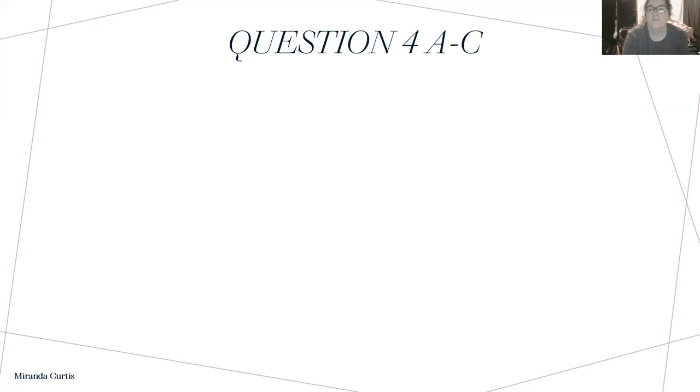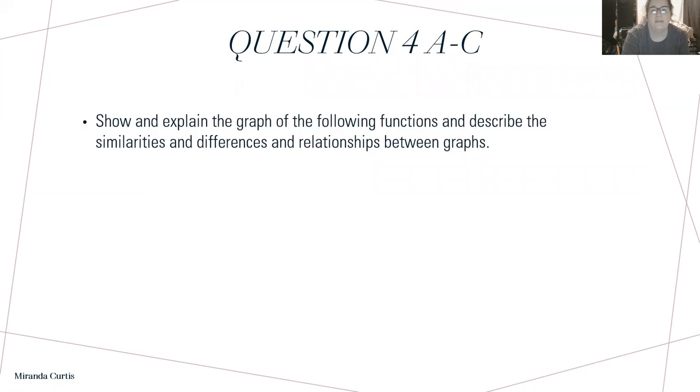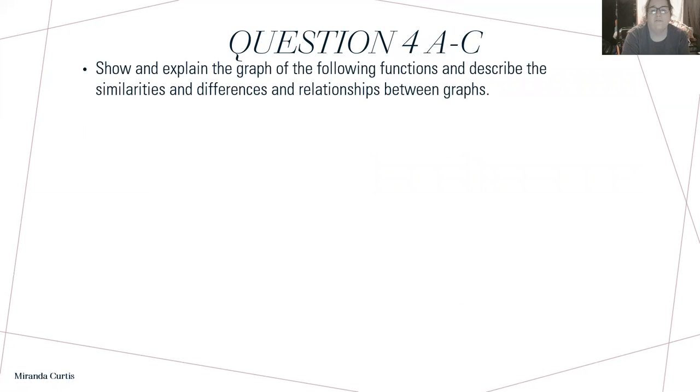That's our line segment. Okay, here's question 4, A through C. Show and explain the graph of the following functions and describe the similarities and differences between the graphs. Okay, here's y equals x squared. What we're going to do is put it in a table, I have it right here.